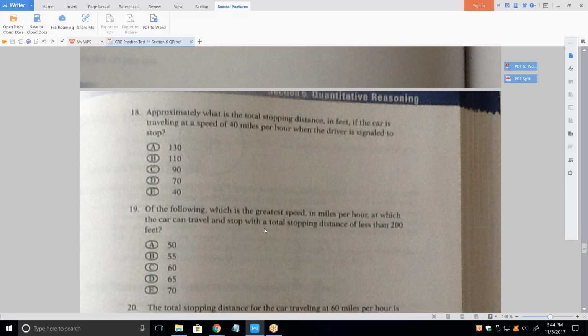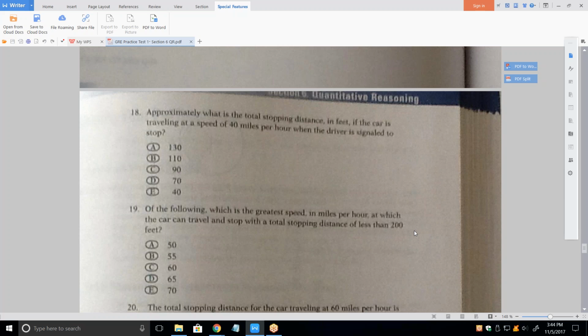19. Of the following, which is the greatest speed at which the car can travel and stop with a stopping distance of 200 feet? This is actually a pretty good question because this tells you how fast you can go and you'll still be able to stop short of 200 feet.